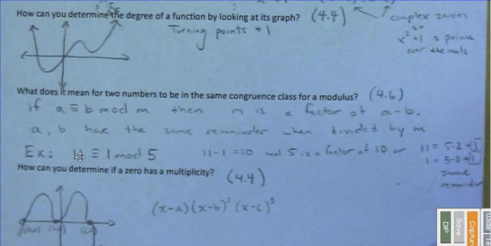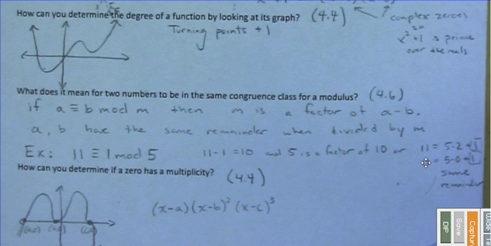So for example, 11 is congruent to 1 mod 5. 11 minus 1 is 10, and 5 is a factor of 10. Another way of looking at it is, if I were to write 11 as 5 times a number plus a remainder, I would write it as 5 times 2 plus 1.